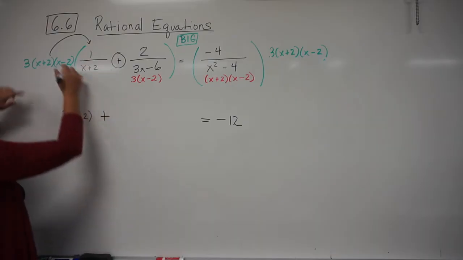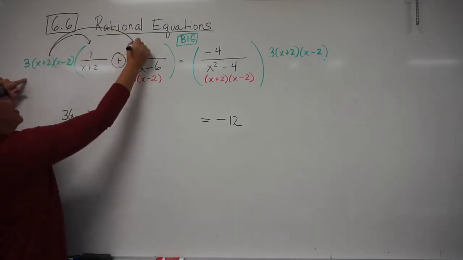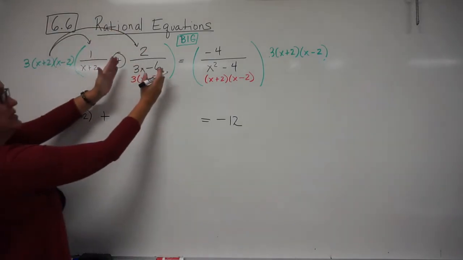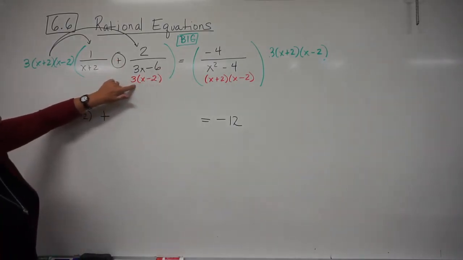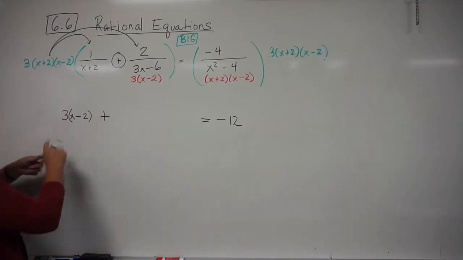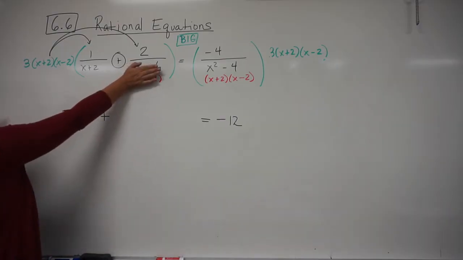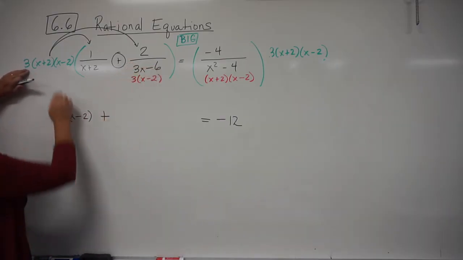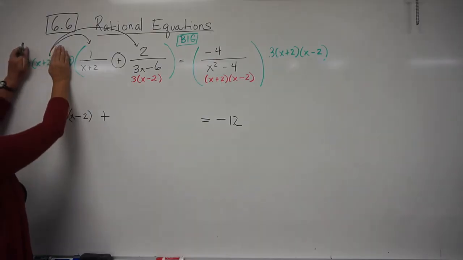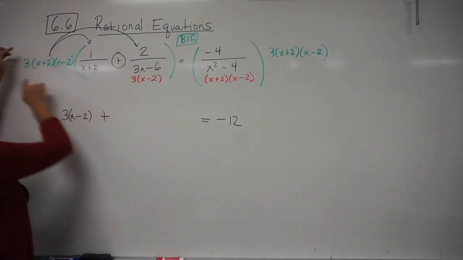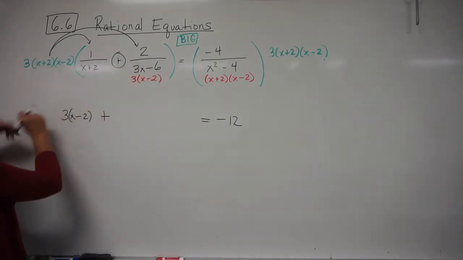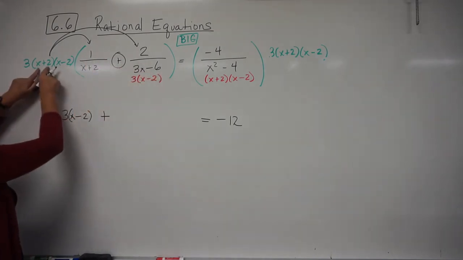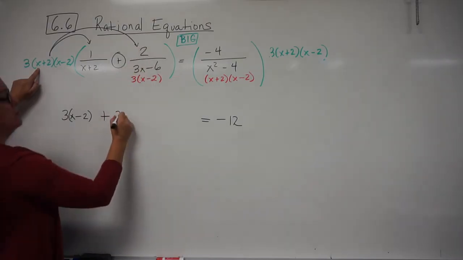Plus, then I'm going to distribute the LCD to the second fraction. The second fraction has these two factors in the denominator, so this is going to cancel out with the 3 and the x minus 2. Right? This denominator here is 3 and x minus 2. Those would cancel each other. All that's left is x plus 2 times 2.